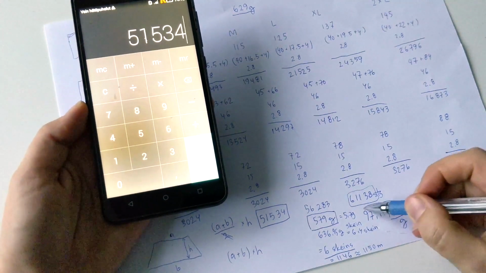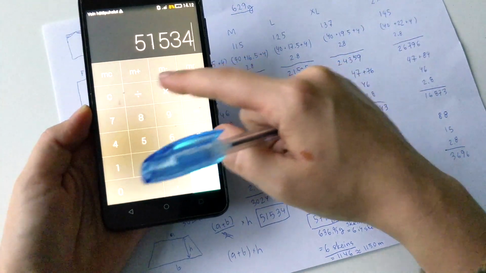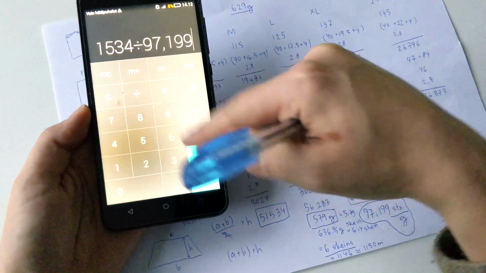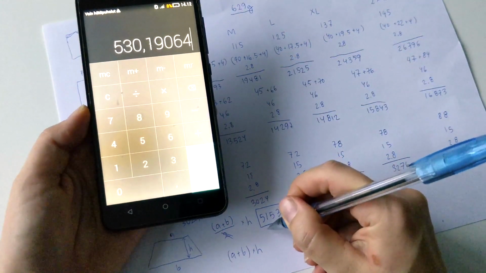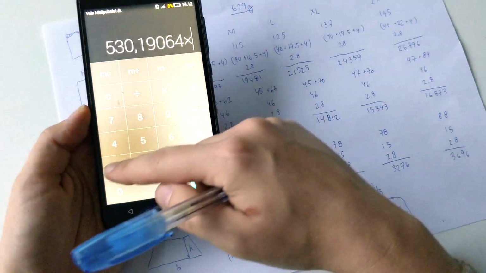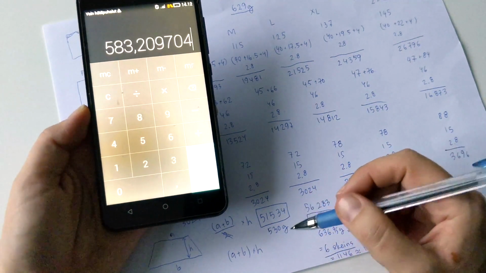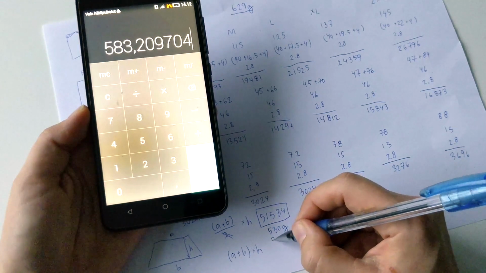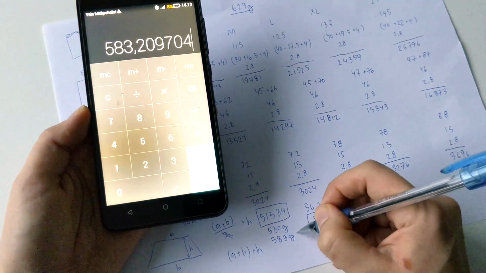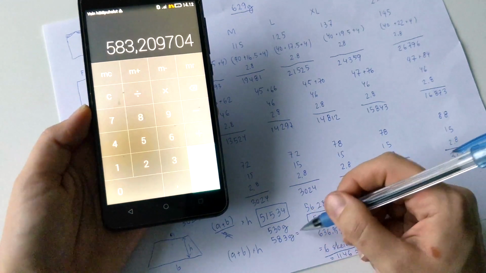And again, here we had how many stitches per 1 gram. So I'm dividing this by 97.199, and I'm ending with 530 grams, and the buffer of plus 10%, and I'm ending with 583 grams, and that is not 6 skeins.